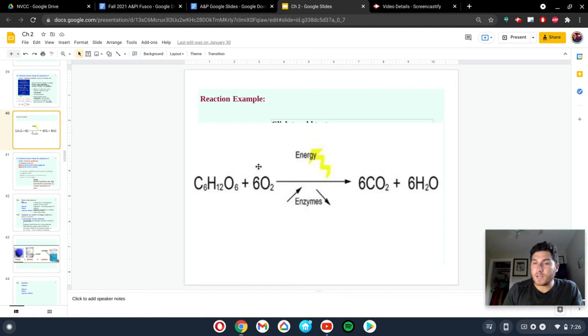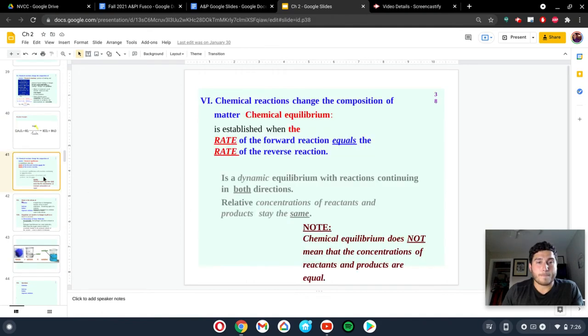In the body, they can react. And in this case, they will create carbon dioxide and water, as well as energy. This process is cellular respiration. We'll talk more about this in detail, but this is one example of a reaction where you have reactants on the left-hand side. They react, hence their name, reactants, and they'll create products. And that'd be a reaction.